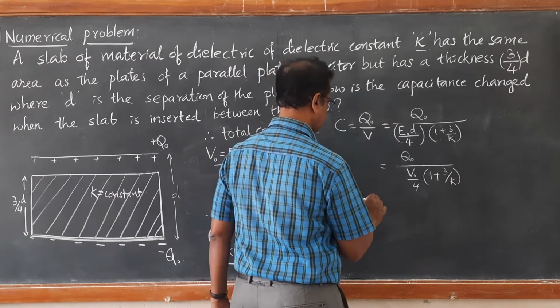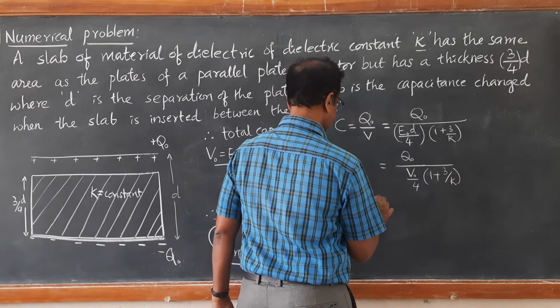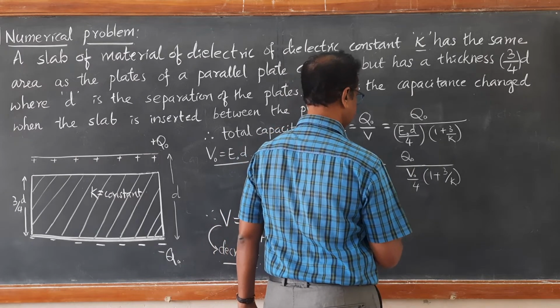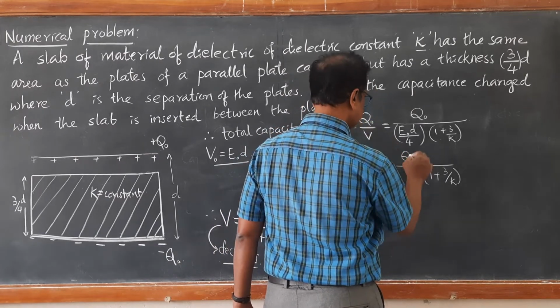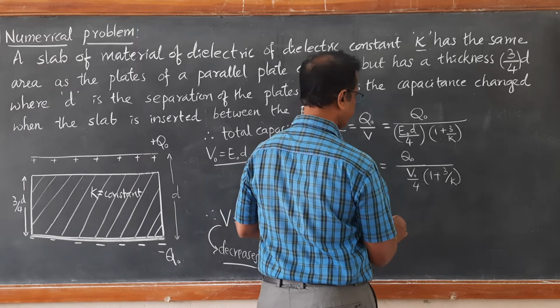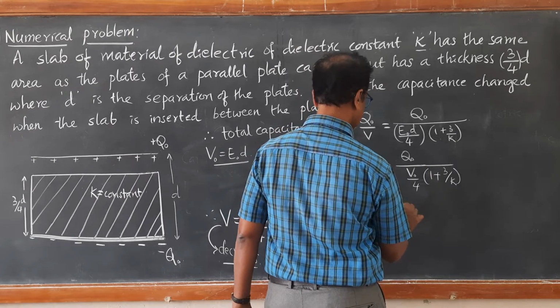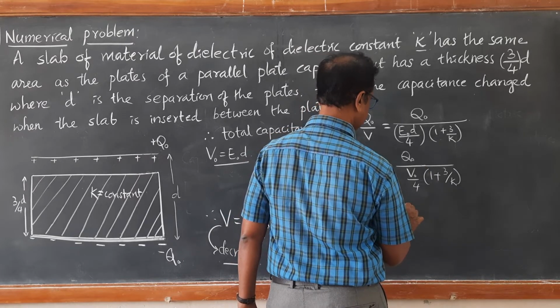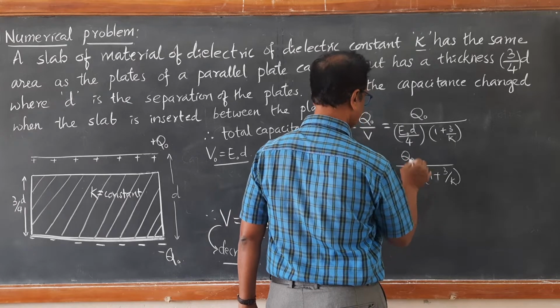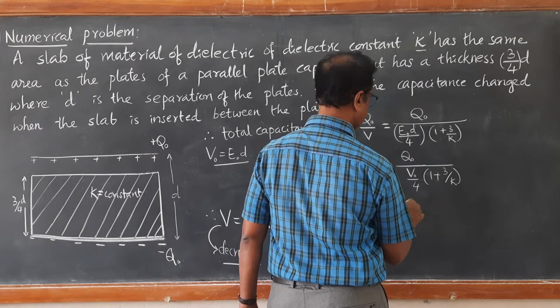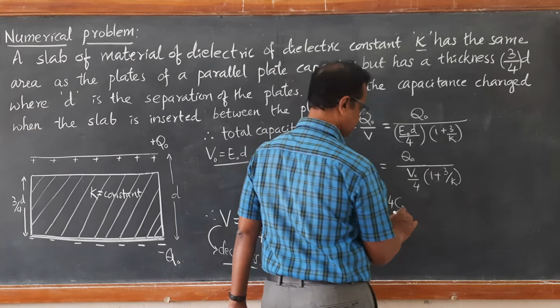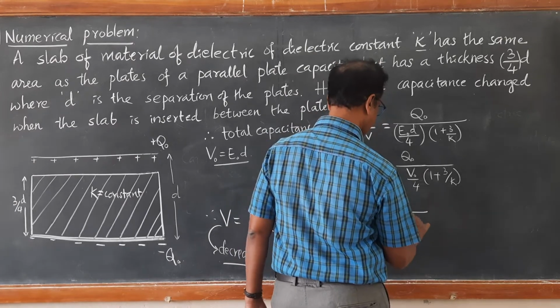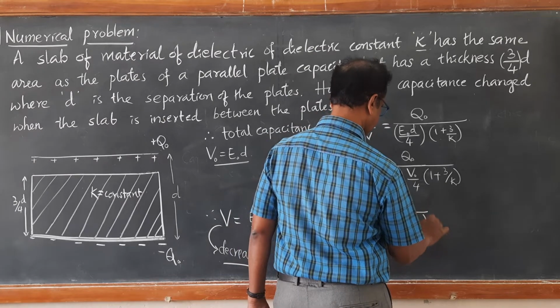Therefore C is equal to Q naught by V naught, which becomes C naught, and 4 comes to the numerator: 4 C naught divided by 1 plus 3 by k.